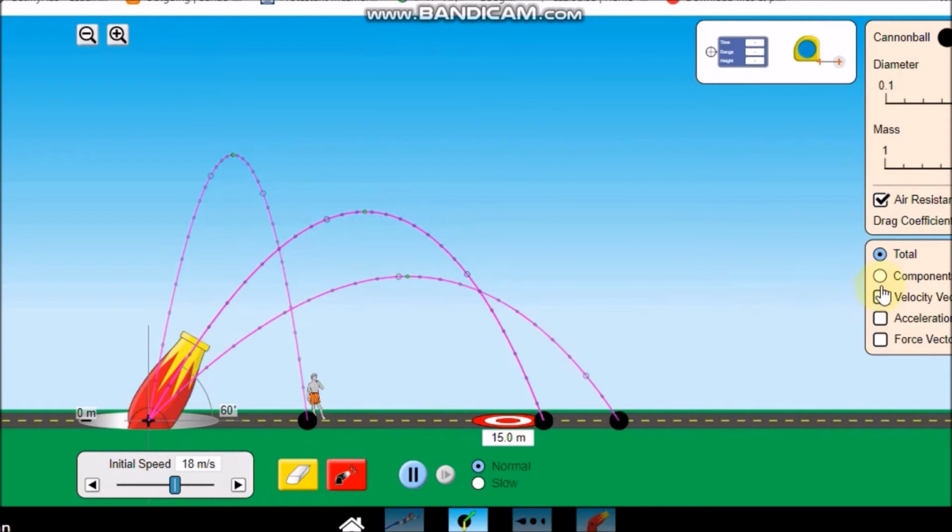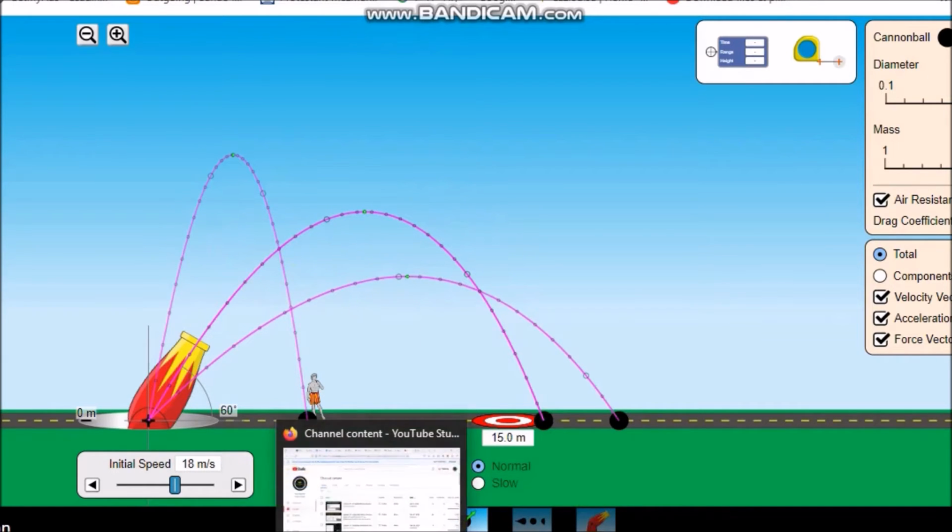Okay, and we can see the velocity components. Such a kind of projection we call the projection from the ground with an angle theta.